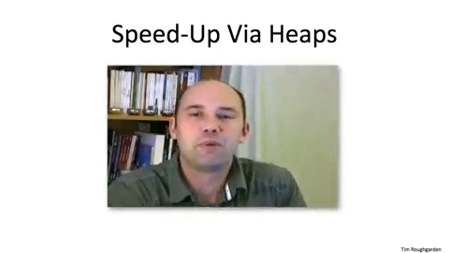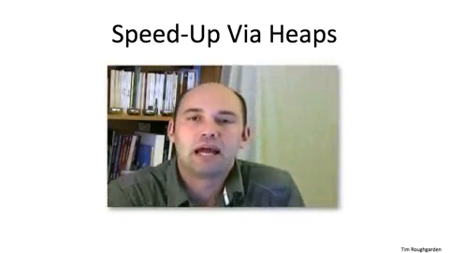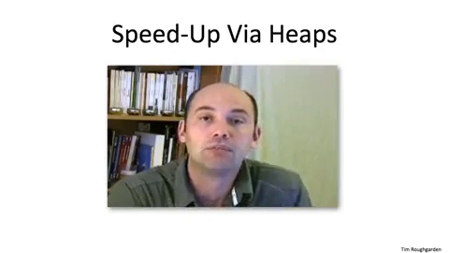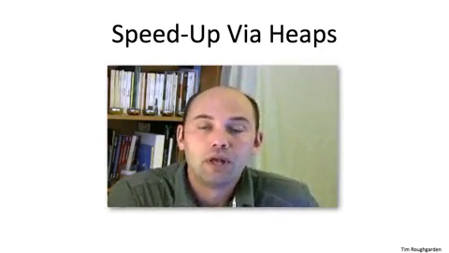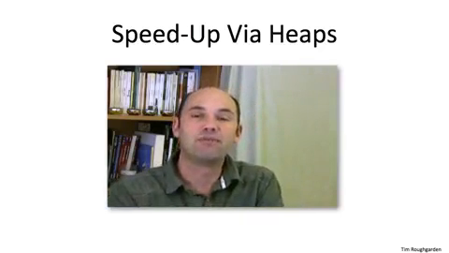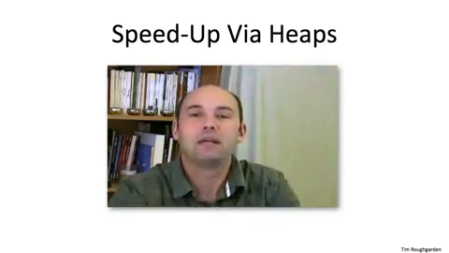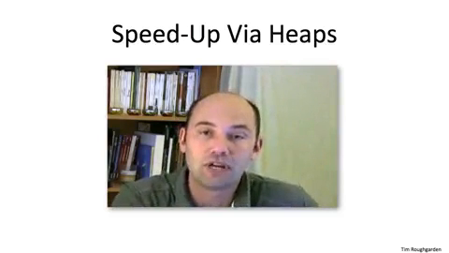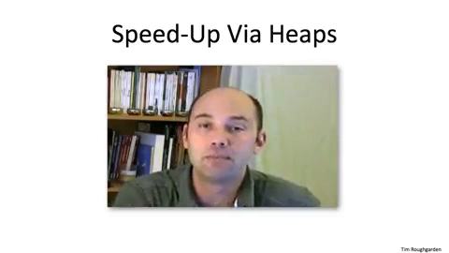The big idea for speeding up Prim's algorithm is exactly the big idea we used in part 1 to speed up Dijkstra's algorithm. Namely, we're going to deploy a suitable data structure. So what data structure seems like it might be a good idea for making Prim run faster? Well, what's happening in the main workhorse while loop of Prim's algorithm? Over and over again, we keep needing to do a minimum computation.